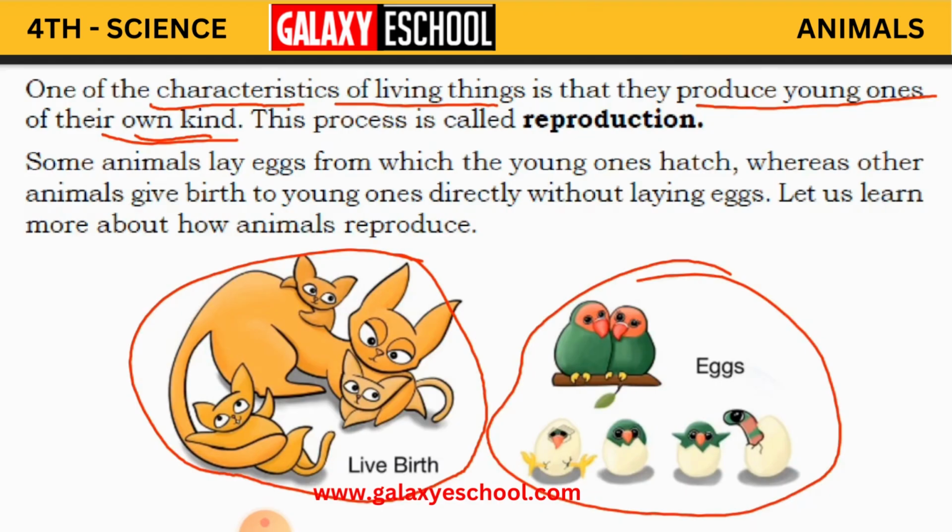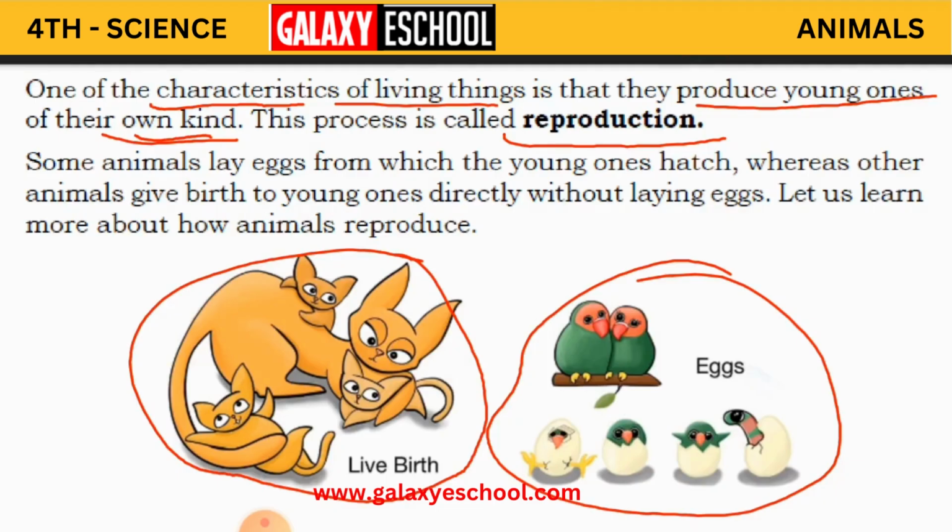A hen cannot give birth to a parrot kind of bird, or a dog cannot give birth to a cat kind of animal. So the young ones are produced of their own kind, like their mother. And this process is called reproduction. What do we call this process? We call this reproduction.